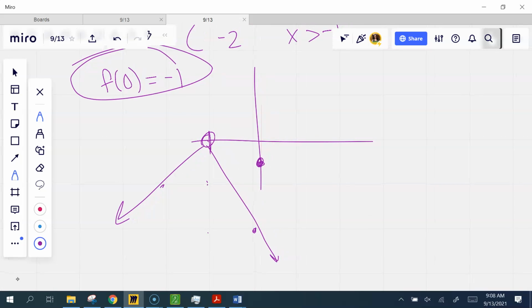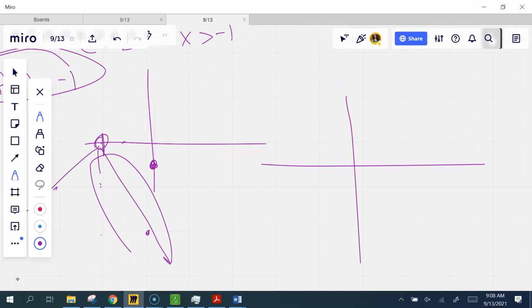But I'm going to need to bring this over. It's going to have to be a part of this one. Right? So let me start with that point. What did it say, negative 1?